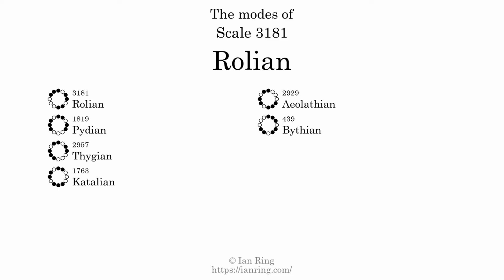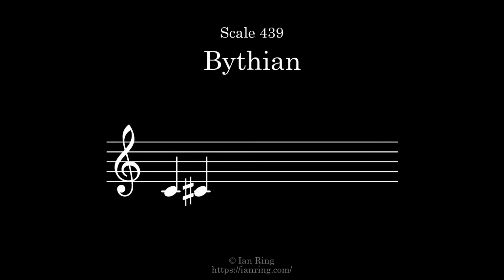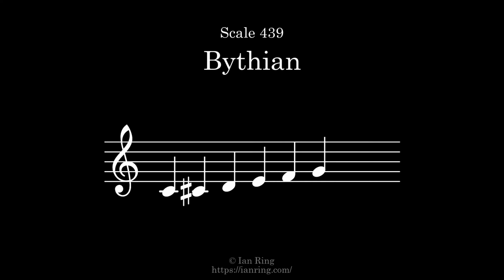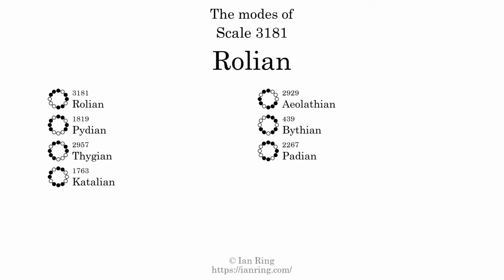The sixth mode is scale 439, also known as Bythian. It sounds like this. The seventh and last mode is scale 2267, also known as Padian. It sounds like this.